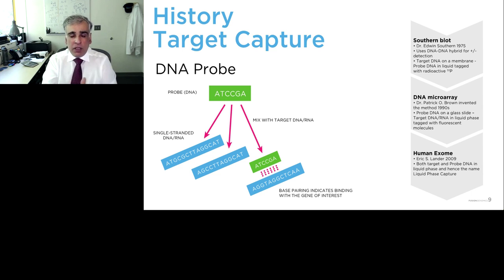So to give a final overview, the way target capture works in liquid phase hybridization is that you have a piece of DNA with streptavidin on it, and you know what that piece is, and you use that piece as an enricher for whatever is in the solution. If the solution contains what you are looking for, this piece will go and bind with that piece as shown in the cartoon, and then you can pull it out of the solution using a magnet.